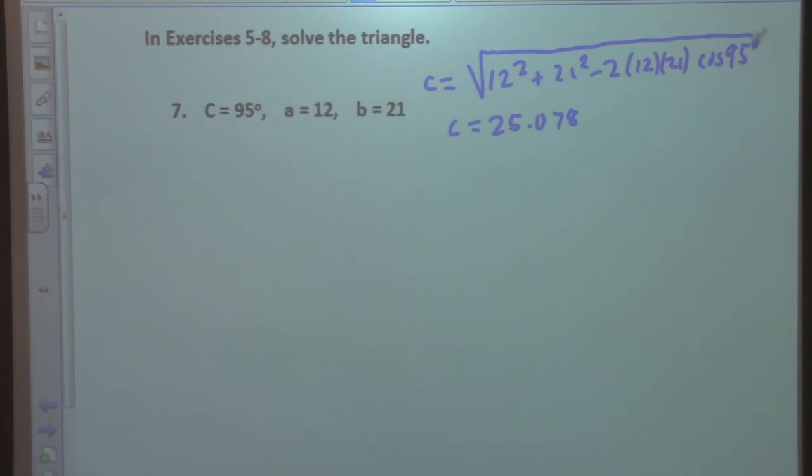Now one thing you have, if you have an angle that's already over 90 degrees, like this one, it doesn't matter which order you do it in. But I like to use the smallest one next, but because you know you're not going to have an ambiguous sine problem because you've already eaten up over half of your 180.